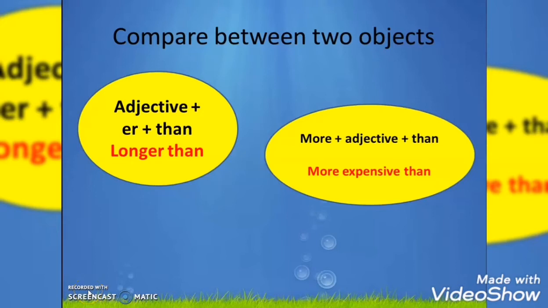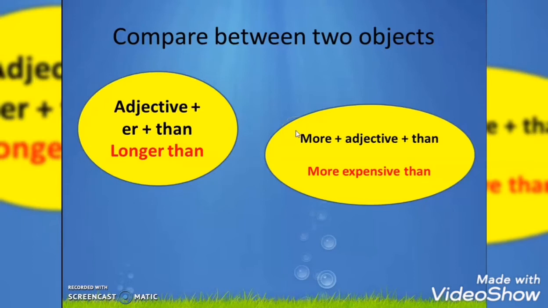So what do we conclude? We conclude that when we compare between two objects, two people, two things, two animals, we add to the adjective er plus than. So the adjective word plus er and the word than. For example, longer than. The adjective word is long, I add er, then the word than, if it's one syllable.